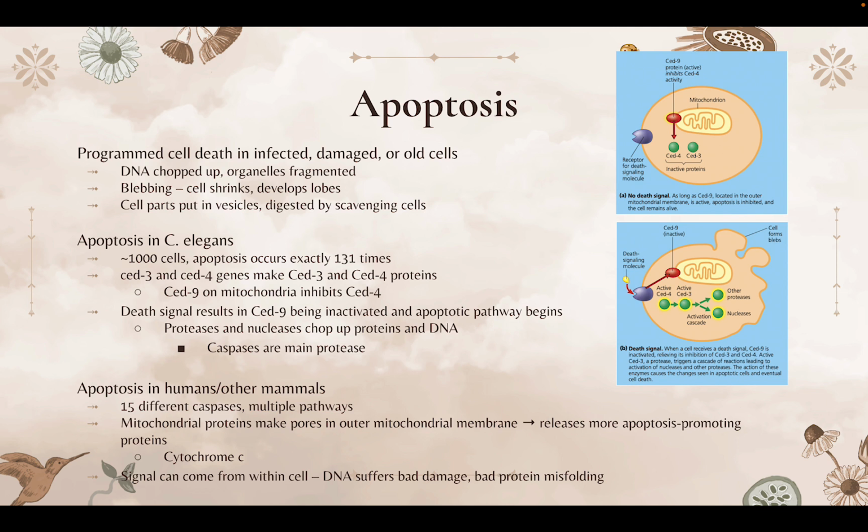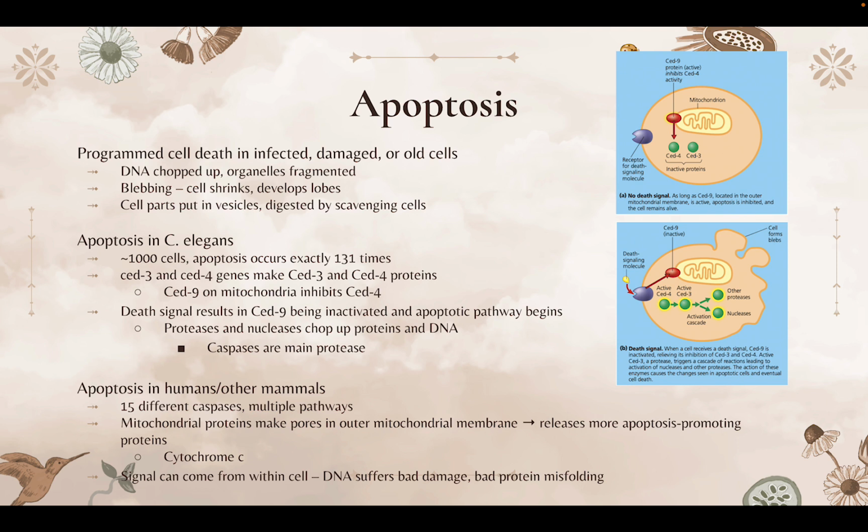And lastly, something to note about apoptosis is that the signal doesn't have to come from outside of the cell, it can come from within the cell. So, for example, the nucleus can send a signal to the cell that the DNA suffered really bad damage and there's a chance that this cell might become a cancer cell if it's allowed to reproduce, and thus the cell will decide to commit apoptosis and shut everything down.